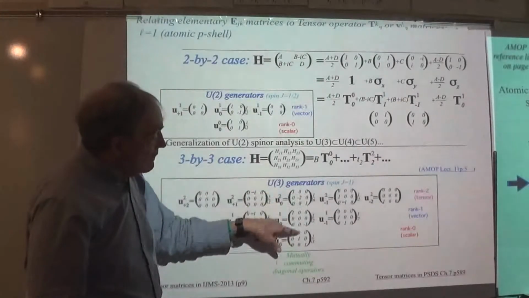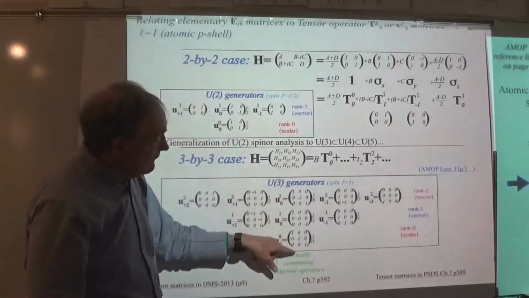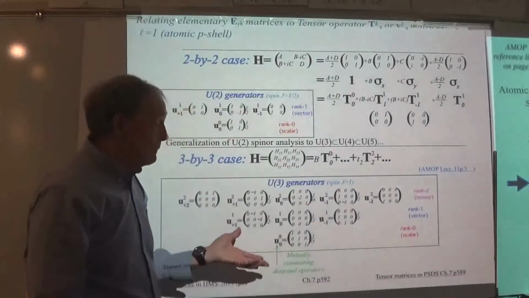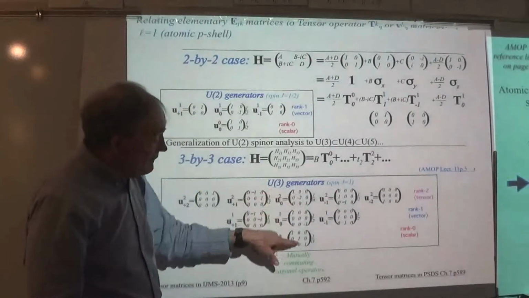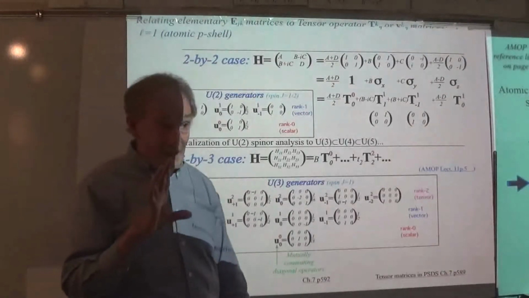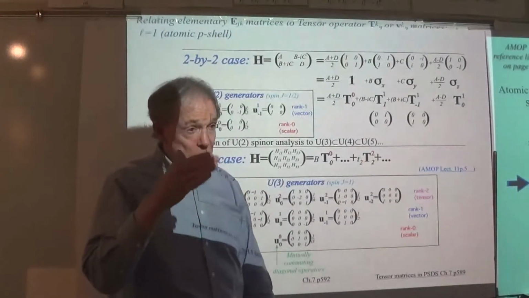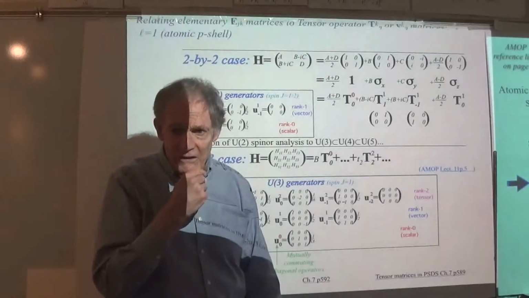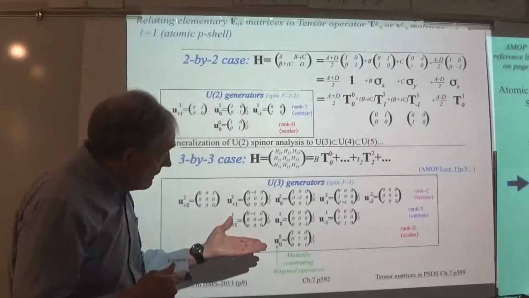But these guys all commute with each other. Not necessarily with other matrices, in fact probably not, but with each other. And that, remember, is the definition of what we call the rank. The rank was the maximal set of commuting observables, is the way to state it physically, right? So here they are.